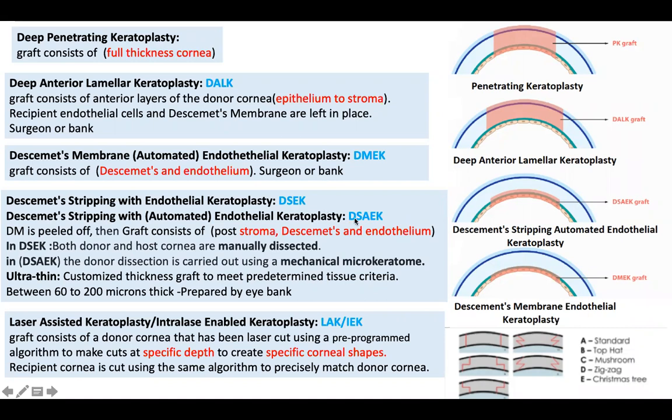DSEK and DSAEK, both Descemet stripping, either automated or not, endothelial keratoplasty. We take the posterior stroma and Descemet membrane and endothelium. What is the difference between the DSEK and the DSAEK? The automated, we use mechanical microkeratome, but in the regular one, we do it manually.